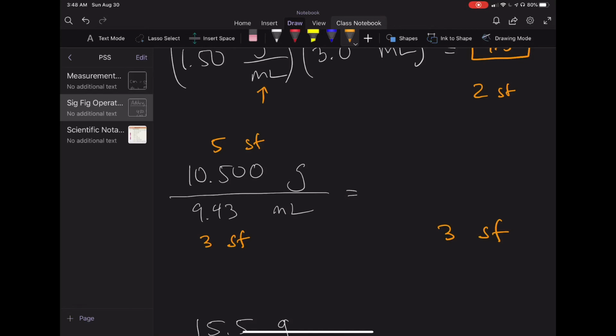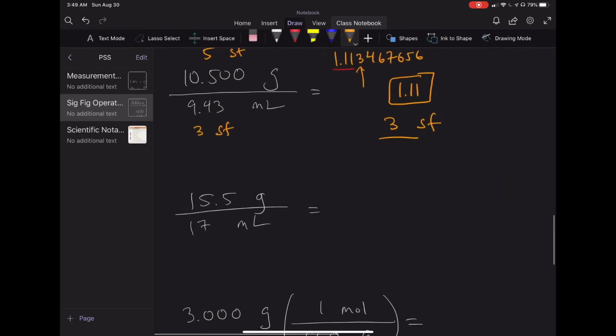My calculator gives me quite a lot of digits. I'll write them all down. 1.1134676656. That's a lot of numbers, but we only need 3 sig figs, which means we're only going to round this far, so to the hundredths place beyond the decimal point. So we look at the 3, the digit that comes next. That tells us to round down, so our final answer is going to be 1.11. Our final numerical answer is going to be 1.11.